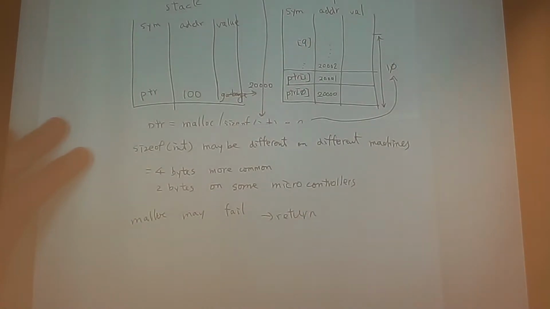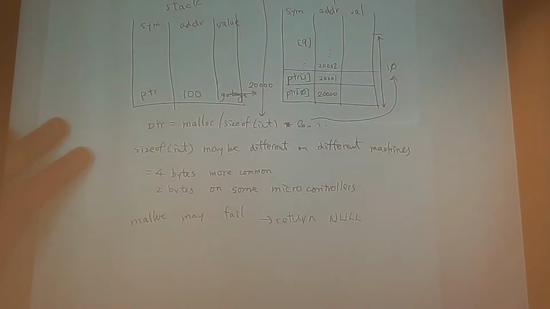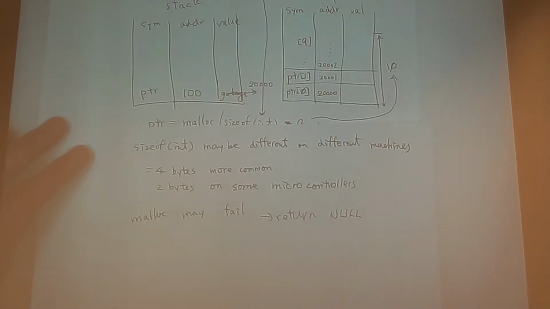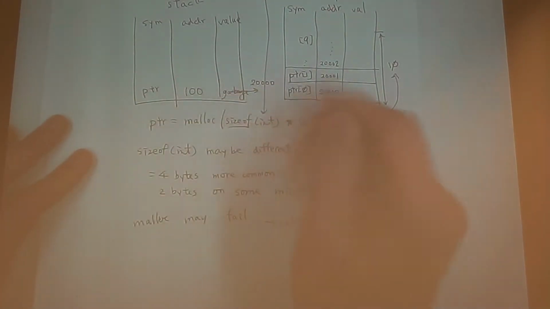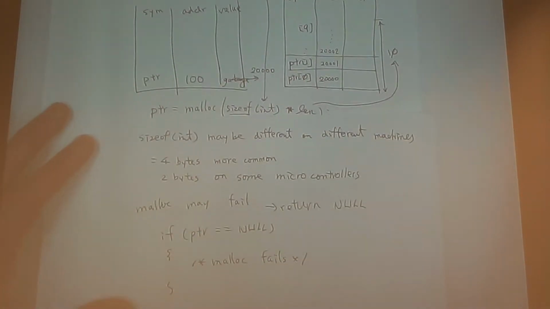Does anybody know what happens? How do you know if malloc gives you null? Okay, so you say ptr equal to malloc, and if ptr equals null, every time you do malloc, you should check.